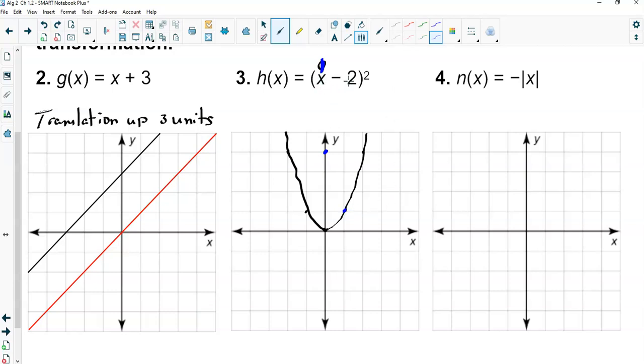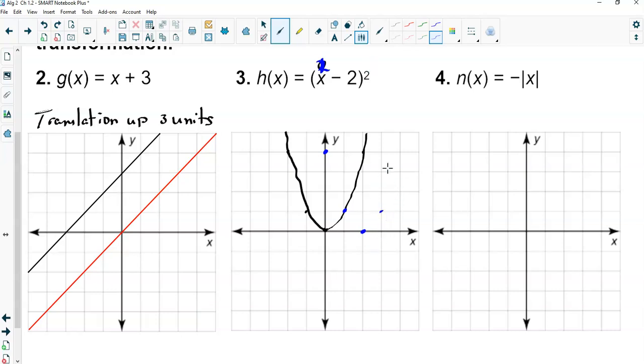Then at 2, 2 minus 2 is 0, and 0 squared is 0. So at 2, the output would be 0. And now I could see that that's the vertex, because then I go to 3. 3 minus 2 is 1, and 1 squared is 1. So at 3, it'll be a 1.